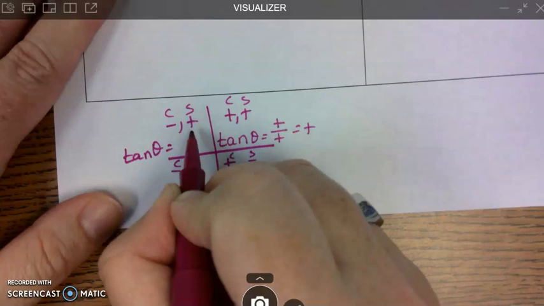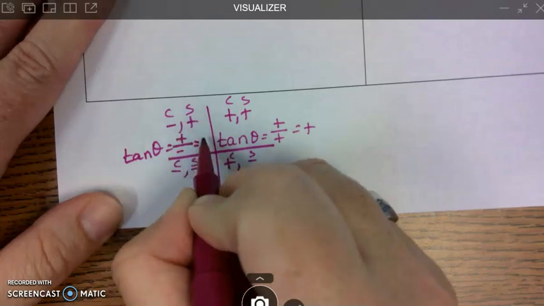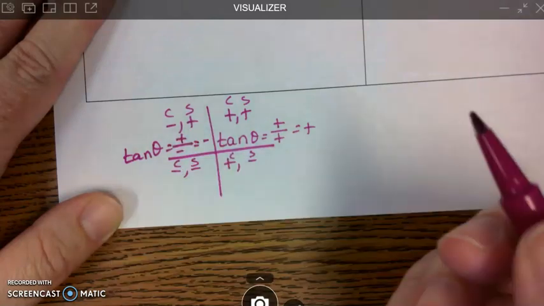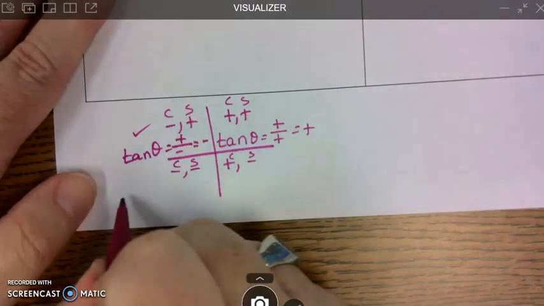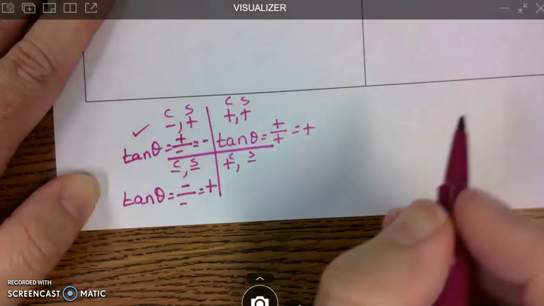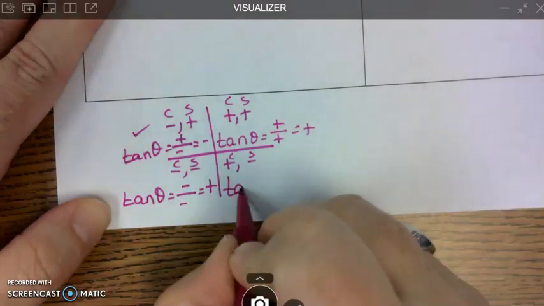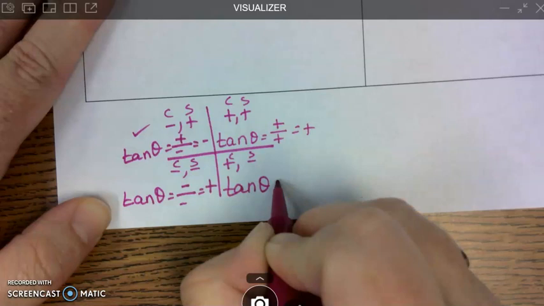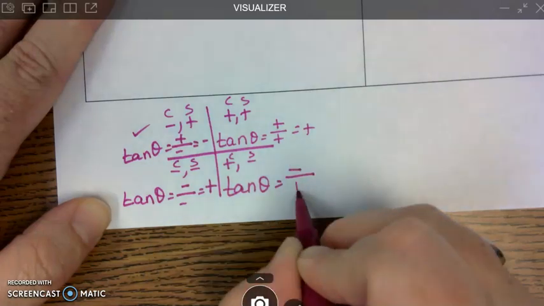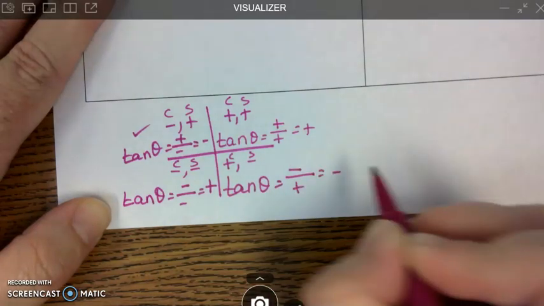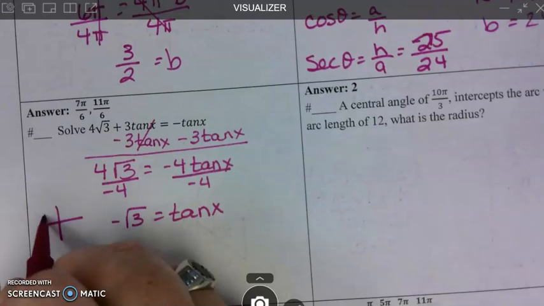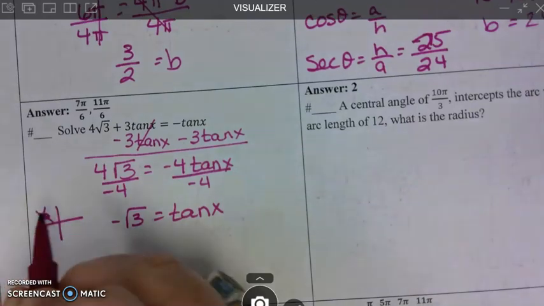In quadrant 2, a positive divided by a negative is a negative. Ooh, we want that one. In quadrant 3, a negative divided by a negative is a positive. Don't want that one. And last but not least, in quadrant 4, a negative divided by a positive is a negative. So we need quadrants 2 and 4. I need this quadrant and this quadrant.